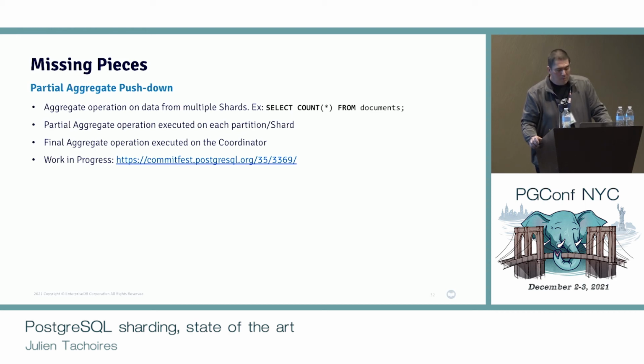In general, partial aggregate pushdown is required when the aggregate operation involves data located on multiple partitions. So far, multiple patches with different approaches have been submitted, and this is still work in progress.